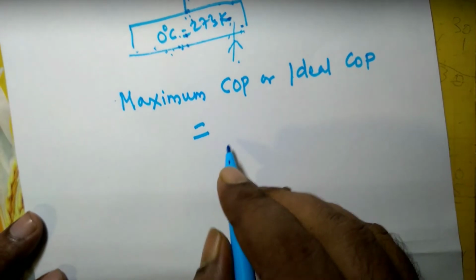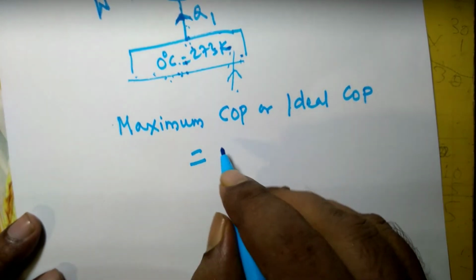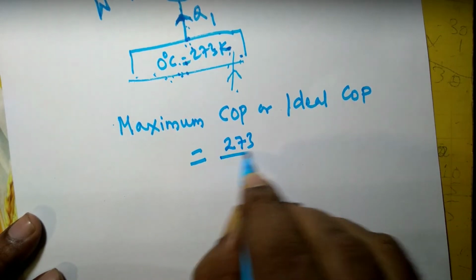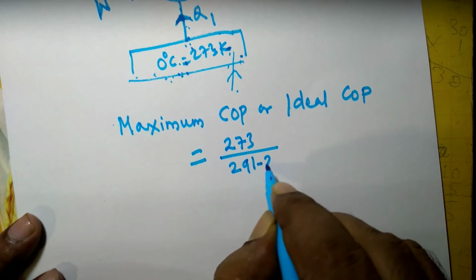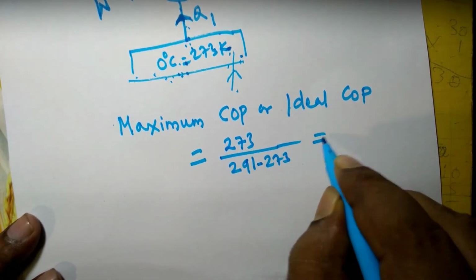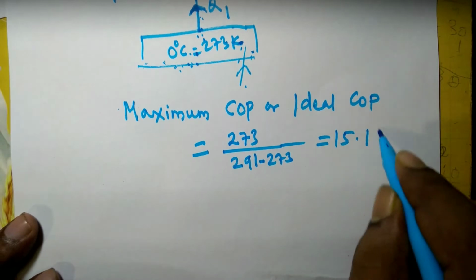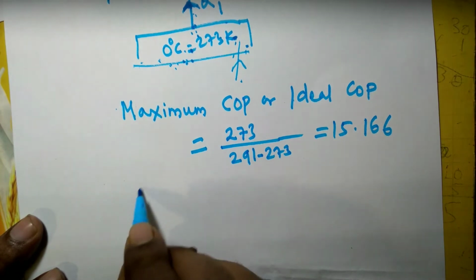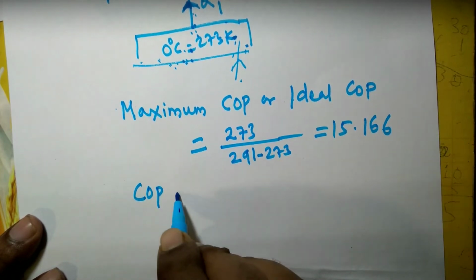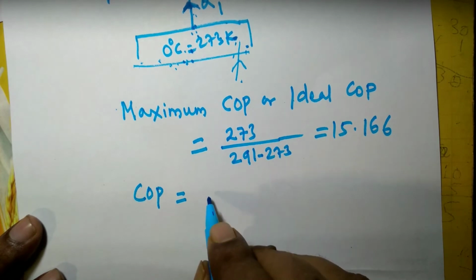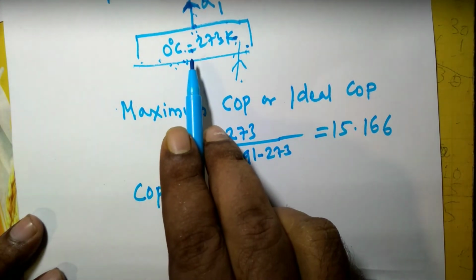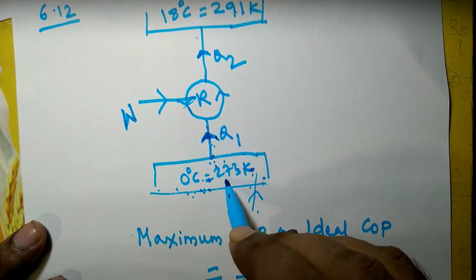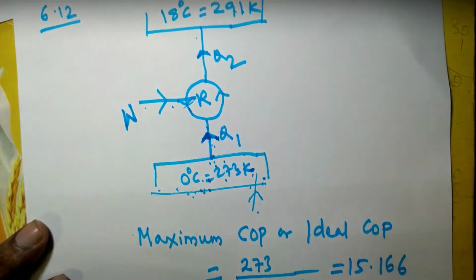So the COP of the reversed Carnot refrigerator is 273 divided by 291 minus 273, which is equal to 15.166. This is the maximum COP. And COP of any refrigerator is desired effect divided by work input. In this case, the desired effect is removal of heat from the low temperature body, that is Q1, and the work input is W.